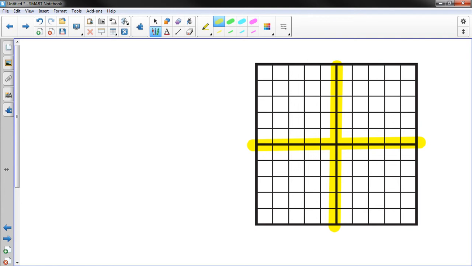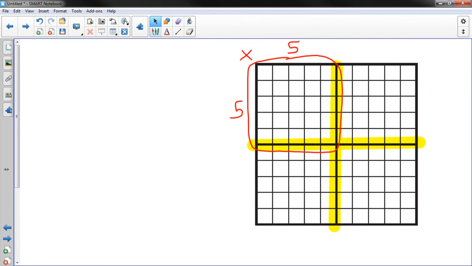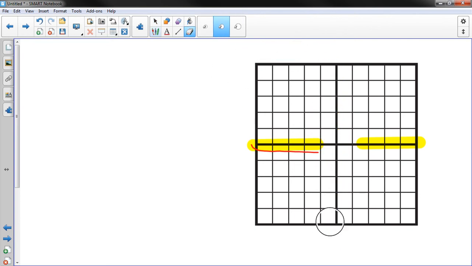Then you know there's 4 sections here, each one of these sections has 25 squares in it because this is 5 by 5 or 5 times 5. Or you can just use plain old graph paper, that will work too. But I'll have these available for you if you need them.